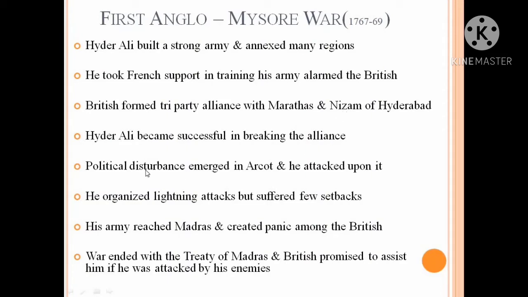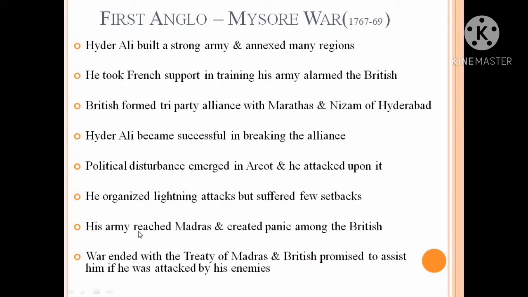At that time, political disturbance emerged in Arcot and Hyder Ali attacked it. He organized a lightning attack but suffered a few setbacks also. Hyder Ali's army reached Madras and created panic among the British. The sudden attack of Hyder Ali created panic there.